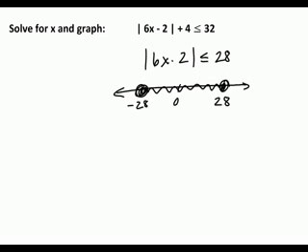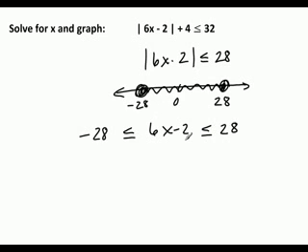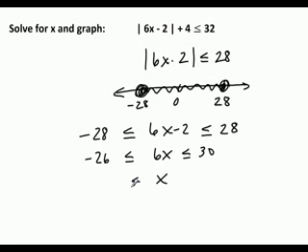So now to set up my inequality, I know this is an and inequality, so I'm going to be shading in between two values, and it can be equal to them, and I'm going to put my 6x minus 2 right inside. So now to solve, I'm going to add 2 to both sides, so I get negative 26 is less than or equal to 6x, is less than or equal to 30. Divide by positive 6, so negative 26 over 6, I'll reduce that in a second, and 5.